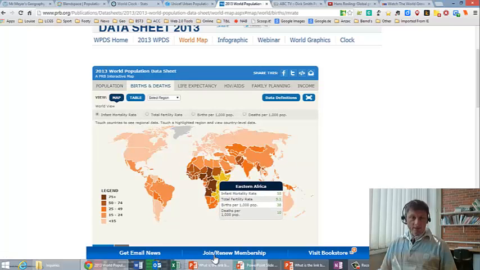So you can click on those sort of things and you can see that they give you different information based on different indicators. In this case you've got infant mortality, fertility rate and births per 1,000 population, and so on.